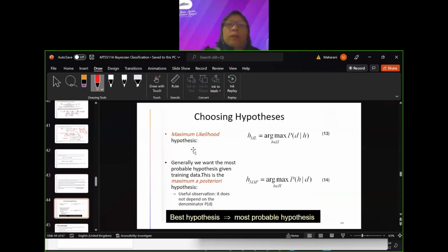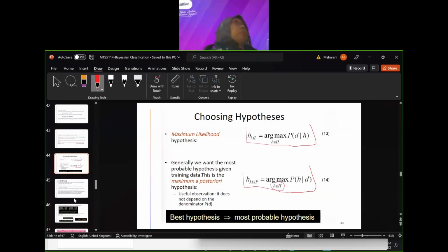If we want to maximize the likelihood, this is the formula: H_ML, maximum likelihood, equals the maximum of probability of D given H. Whereas if you want to maximize the posterior, this is the formula. Here H means the hypothesis or the features.